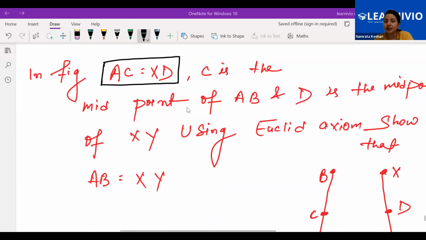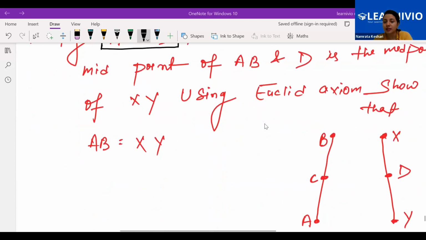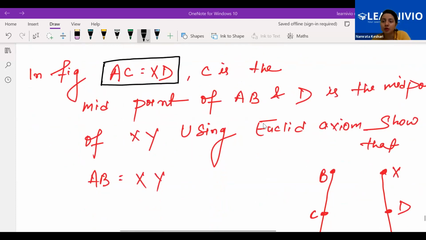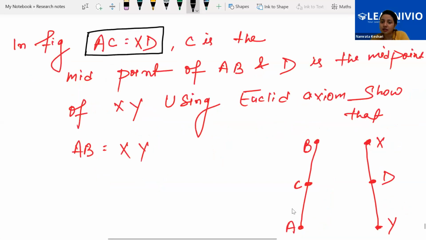So how will we be writing? AC and XD we are going to write. Then after that, what step are we going to perform so that we can use the first axiom? Anyone, can you tell me? Whoever is saying first axiom, please tell me what will be the steps for that. Here it is given that AC is equal to XD.